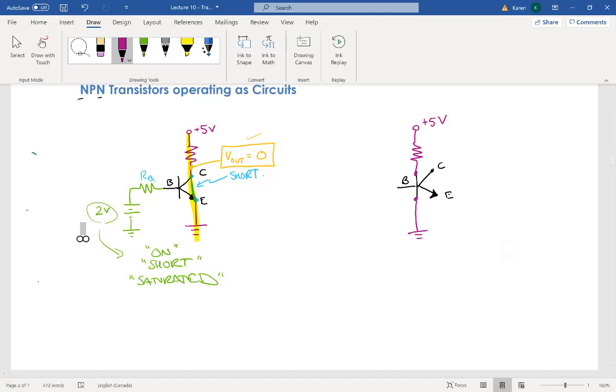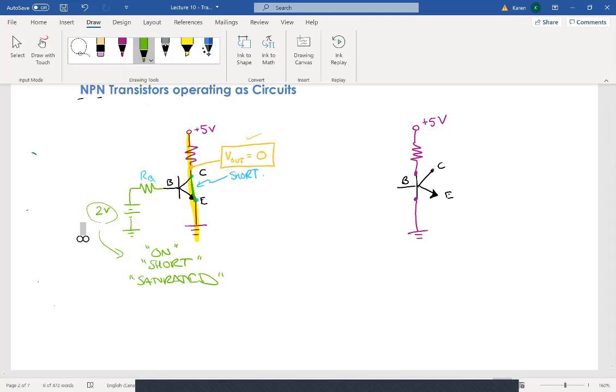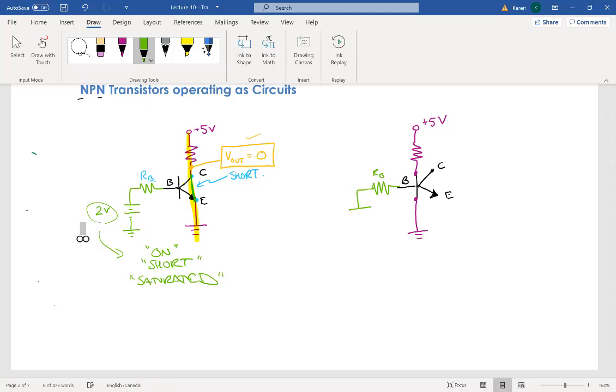And so this base, I'm going to still have that resistive element in there, the resistor at the base. But now I'm not going to give it 2 volts. I'm going to give it a 0 volts in.